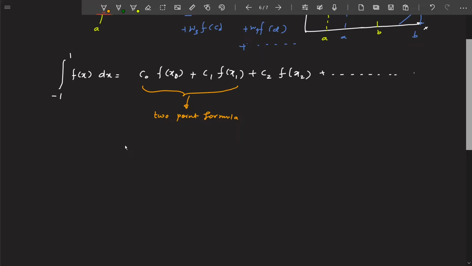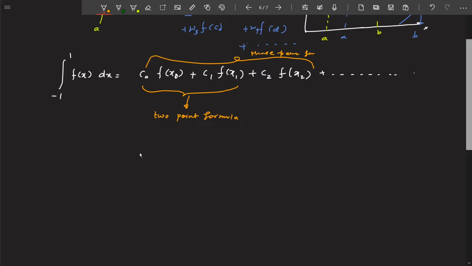When we include these three weighing functions and functions, this is known as the 3-point Gauss Quadrature formula. Similarly, if we add more points, it is going to be the 4-point, 5-point, and 6-point Gauss Quadrature formula.